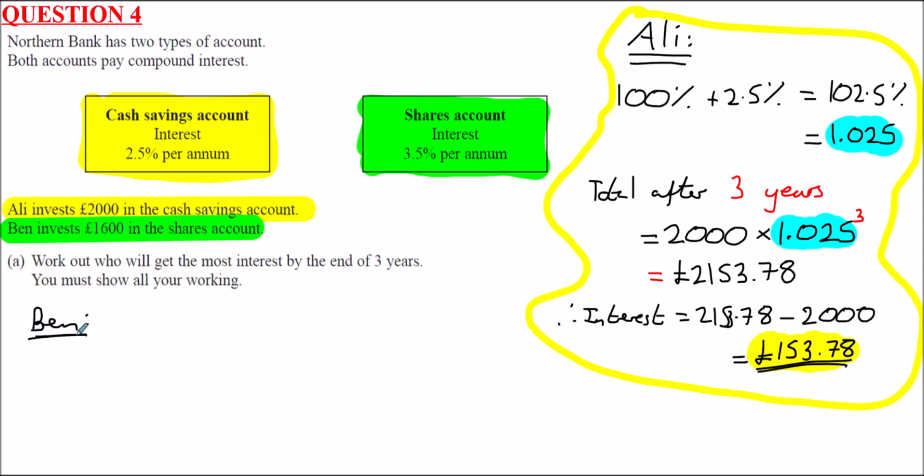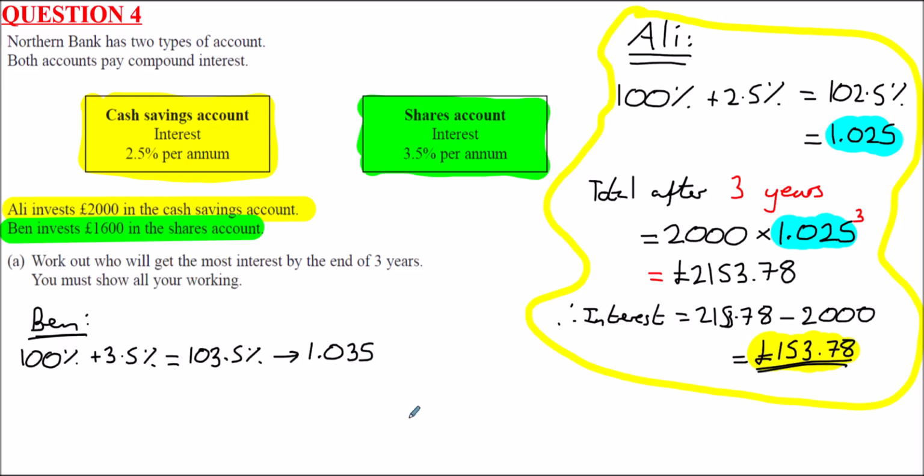So Ben only puts £1,600 in the shares account, but he gets a higher amount of interest. So remember, always start with 100%. Ben gets 3.5% interest each year, so add that on. That's the same as 103.5%, which as a decimal multiplier is 1.035.